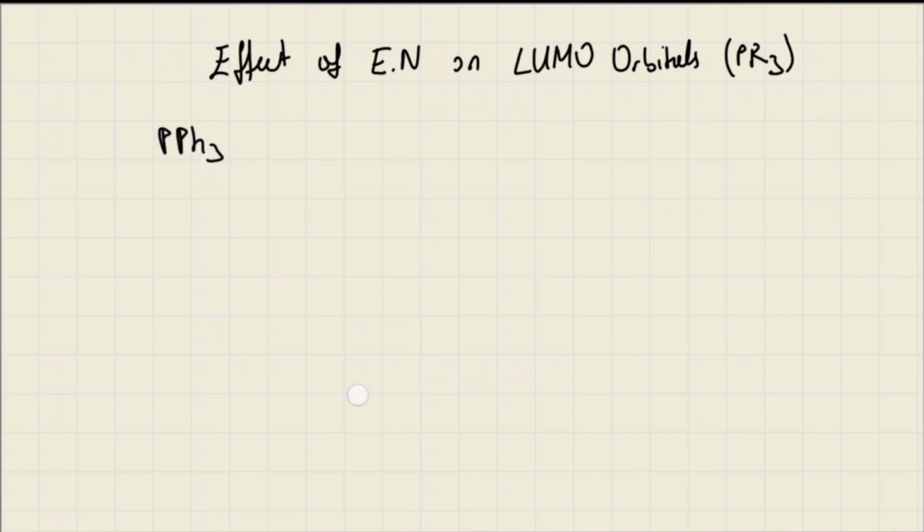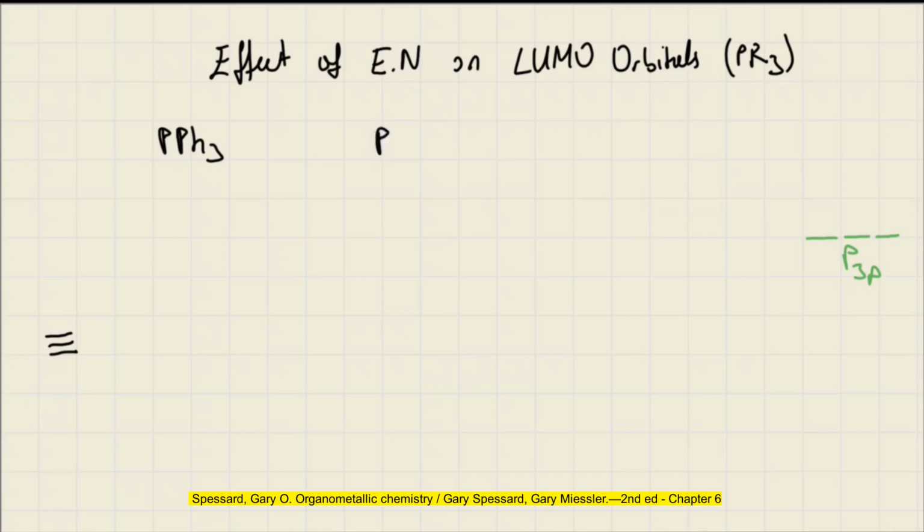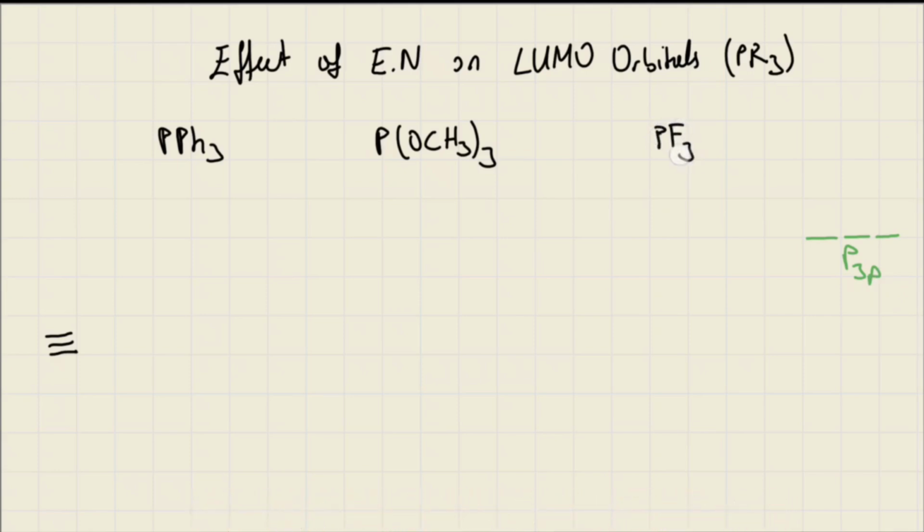In this case, we have carbon atoms and we have 3p atoms here for the P3p, and for instance I want to increase the electronegativity by adding oxygen, and also I can add fluorine to make it more electronegative.